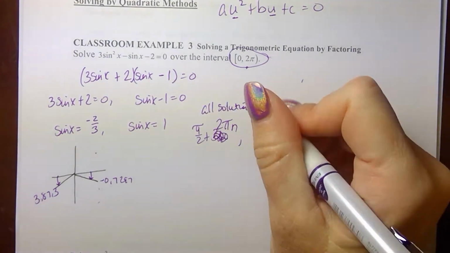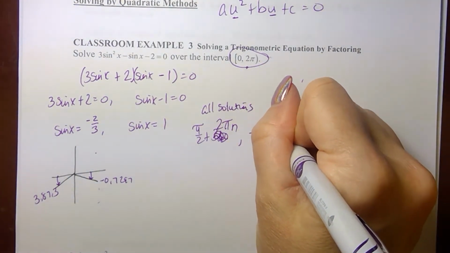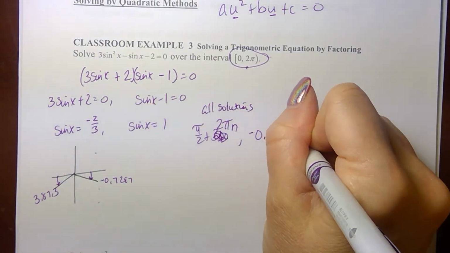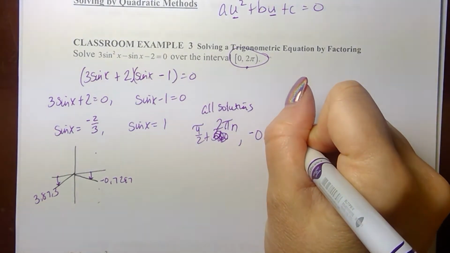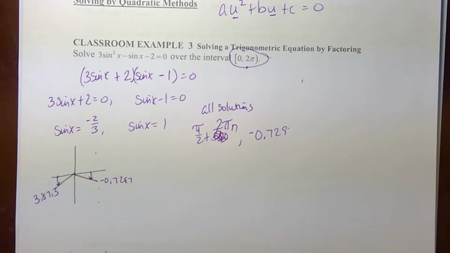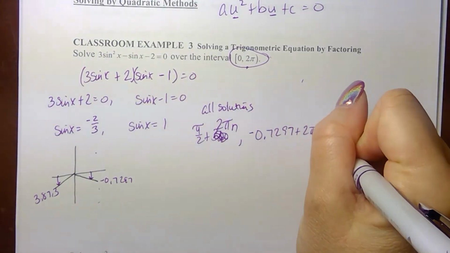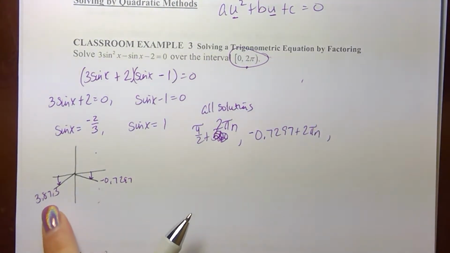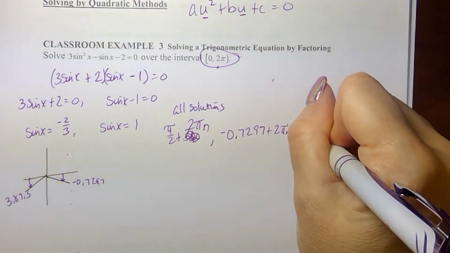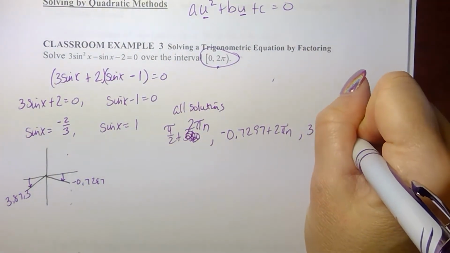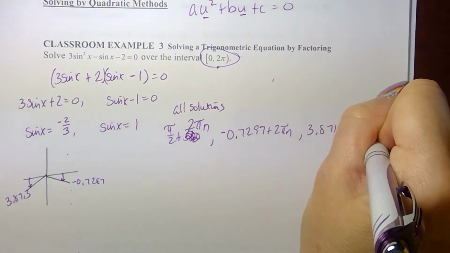I have negative 0.729787. Let me do that again. Sine inverse of negative 2/3 is negative 0.7297 plus 2 pi n. And then my third starting place is this one that lands over here, 3.8713 plus 2 pi n.